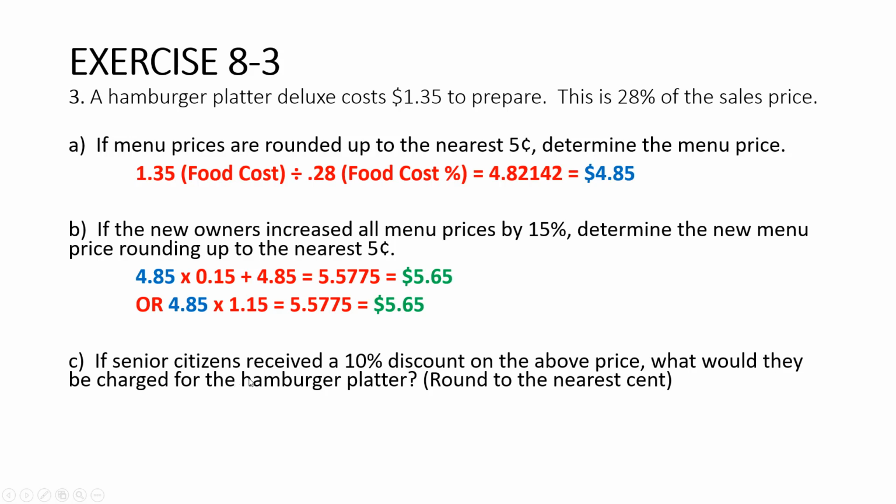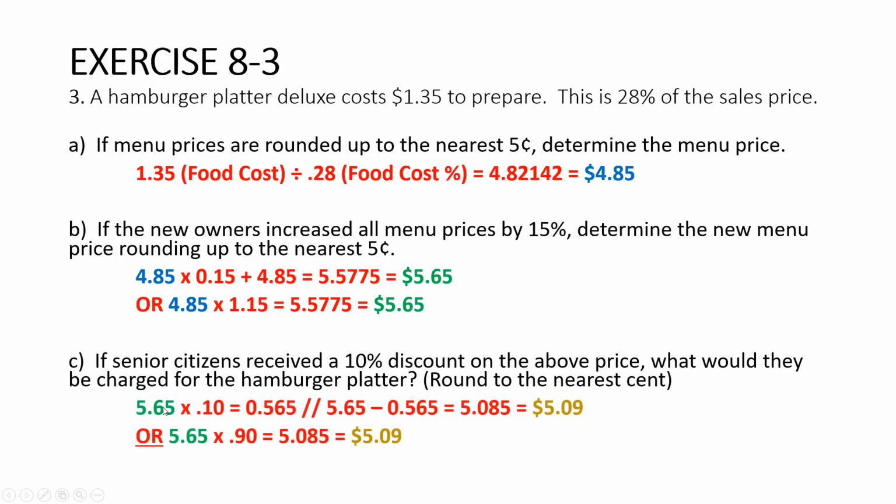Now we have a senior citizen who receives a 10% discount on the above price. What would they be charged for the hamburger platter? We have to figure out what 10% of $5.65 is, and since it's a discount, we subtract it from $5.65. So there are two ways of doing this. $5.65 times 10% gives us the discount, and we simply subtract it from $5.65 and, rounding off to the nearest cent, we get $5.09.